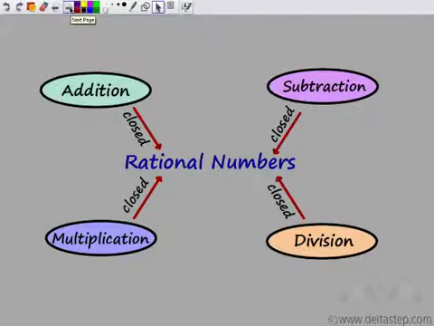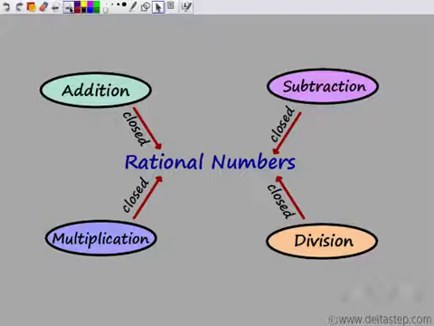Now, rational numbers were closed under addition, subtraction, multiplication and division. So all the 4 mathematical operations were closed under rational numbers, and hence for a long time it was believed that rational numbers were the numbers that represented the entire number system, because all the mathematical operations were closed under this number system, which is the rational numbers.